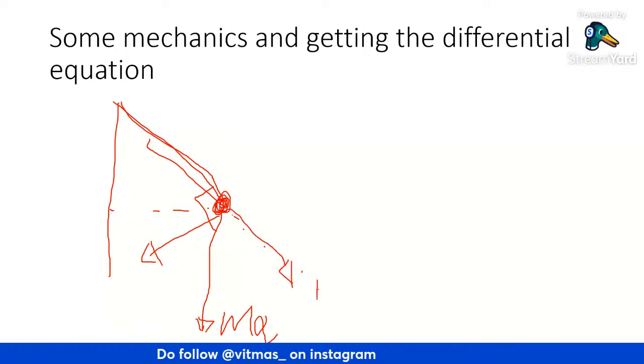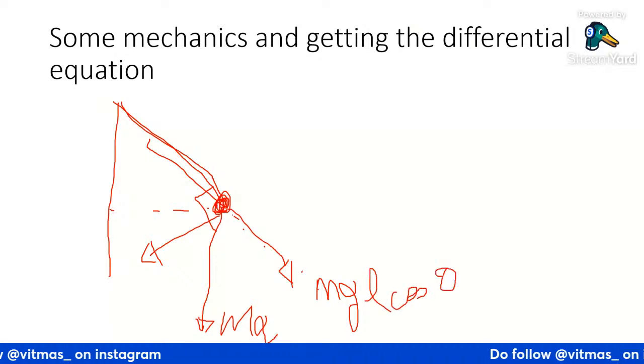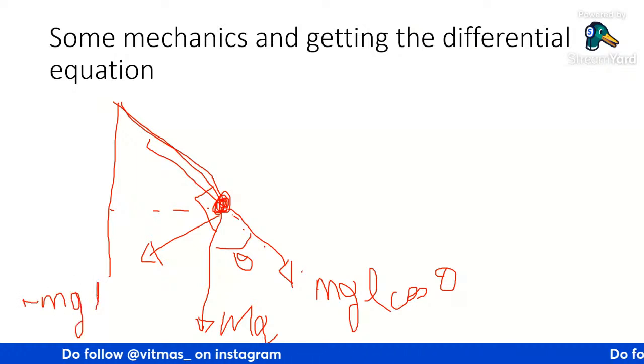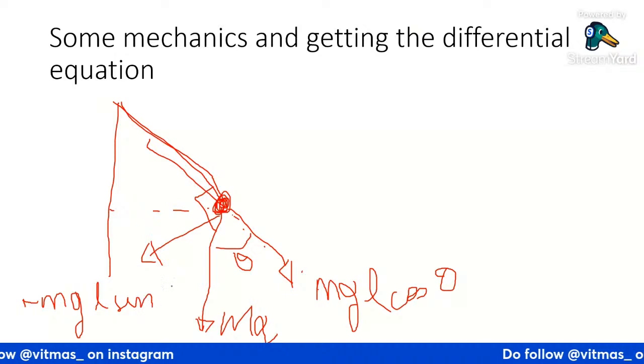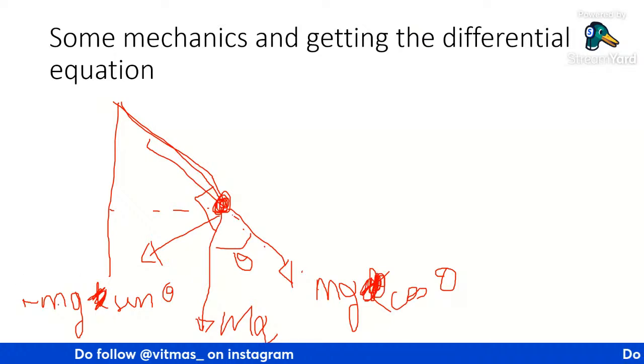So this would be mg cos theta, because this angle is also theta, and this will be mg sin theta, right? Sorry, I rushed a little bit.